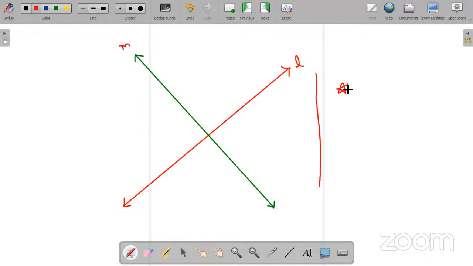So these two lines are intersecting at one common point. This point is common to N and to M. So this point is called the common point, common to both the lines.